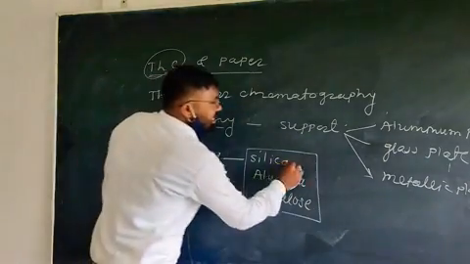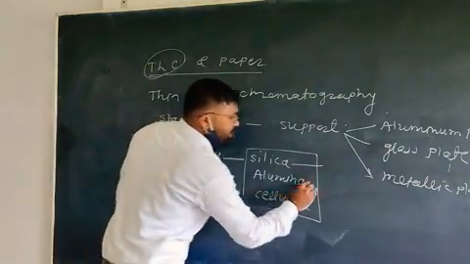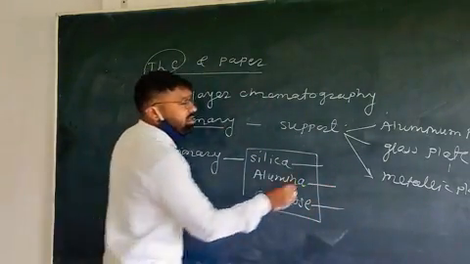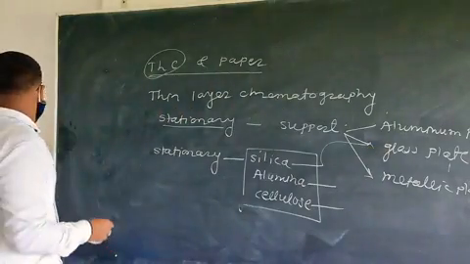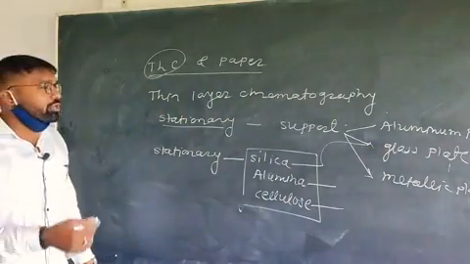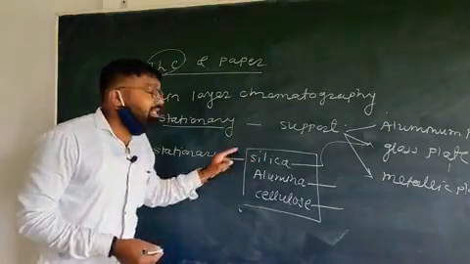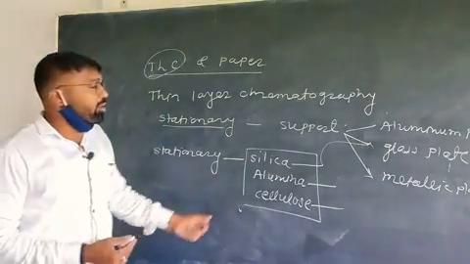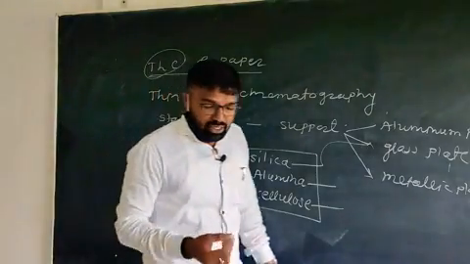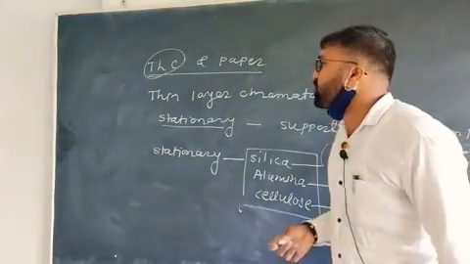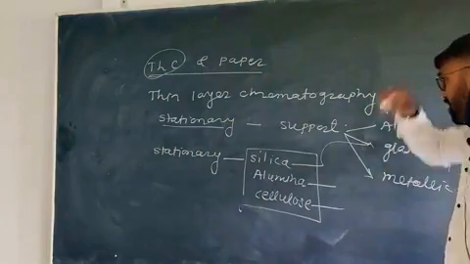The silica gel with proper mesh size, alumina or cellulose is applied on the surface of this inert material. This coating should be thin according to use, okay, and the application is done in the form of a gel in a suitable volatile liquid or volatile solvent, right?